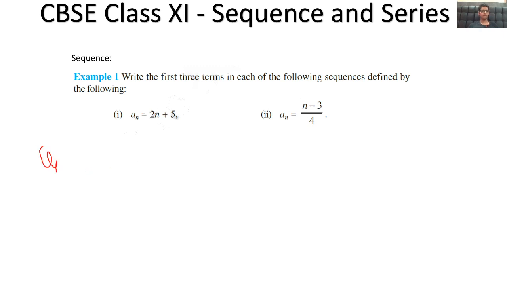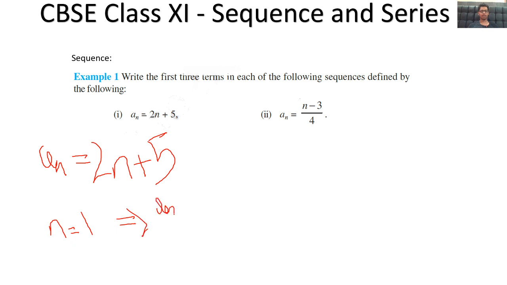an is equal to 2n plus 5. For n equal to 1, an is 7. For n equal to 2, we have an equal to 9.